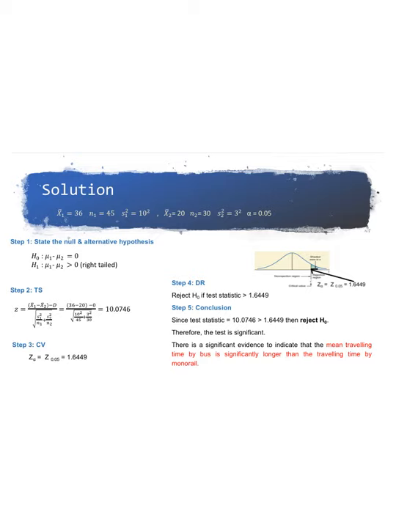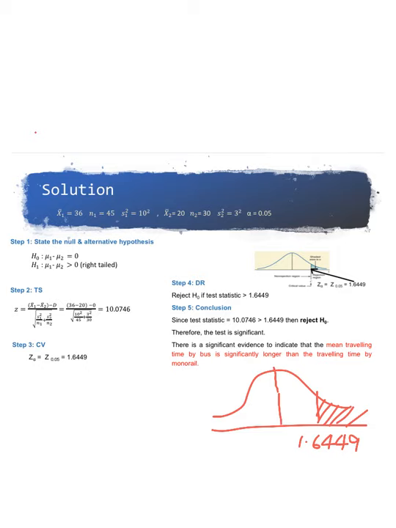And then we want to state the decision rule. Okay, the decision rule should be reject H0 if test statistic is greater than critical value. Okay, kalau kita lukis, since this one is right tail, this one is the rejection region with the critical value 1.6449. So kita akan reject H0 if test statistic is greater than 1.6449.